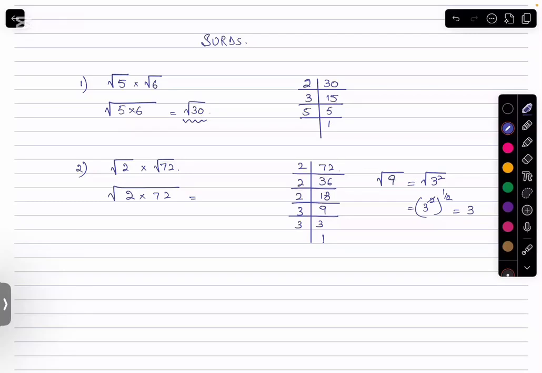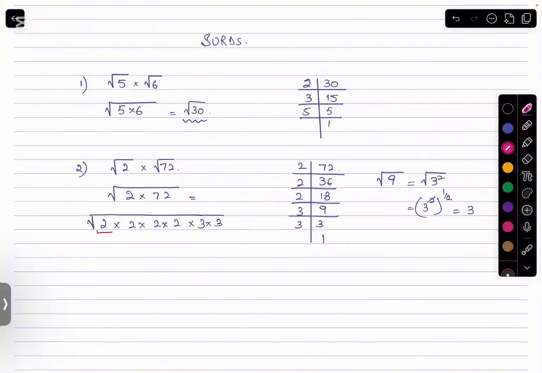ठीक है, तो that is why I'm saying कि जब भी आप स्क्वायर रूट फाइंड कर रहे होंगे, go for pairs. Whatever the number which is making a pair, just write it outside the radical sign. ठीक है, मीनिंग यहाँ पर जो मेरे पास आंसर होगा, if I just write the multiples of 72, then I can say that this is a 2 and then a 2 and then a 2 again and then a 3 and a 3. ठीक है, अब कितने pairs बन रहे हैं?